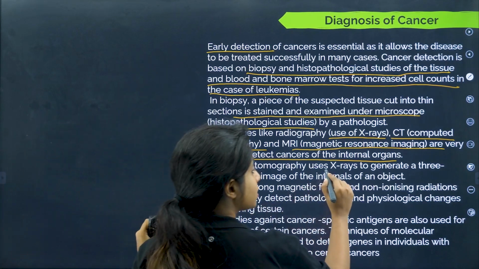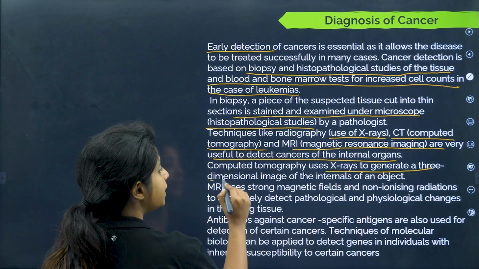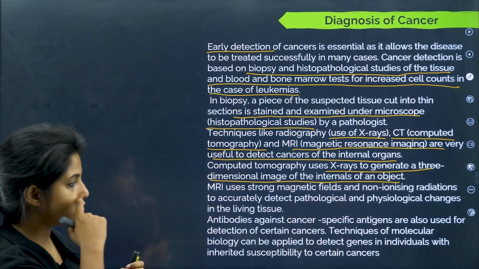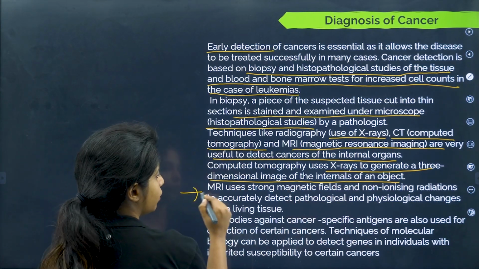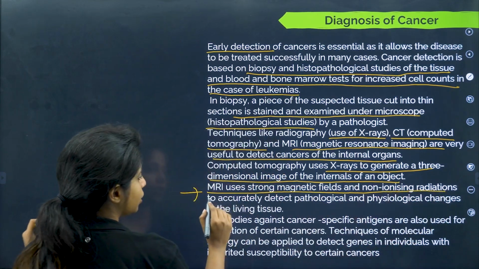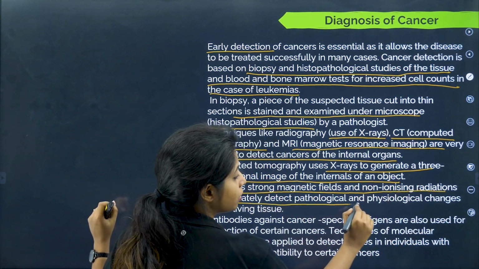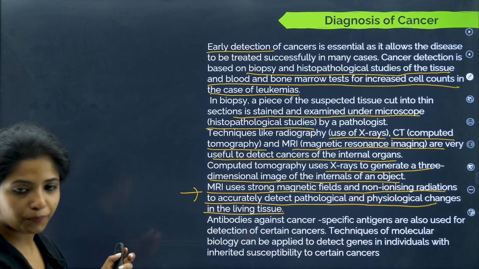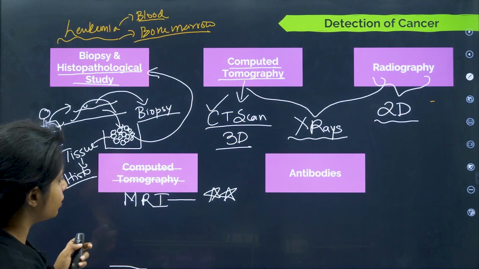Computer tomography uses X-ray itself to generate a 3-dimensional image of the internals of an organ, I told you, of an object. MRI, now that's something new. MRI uses strong magnetic fields and non-ionizing radiations to accurately detect pathological and physiological changes in the living tissue. What is being done over here in MRI?